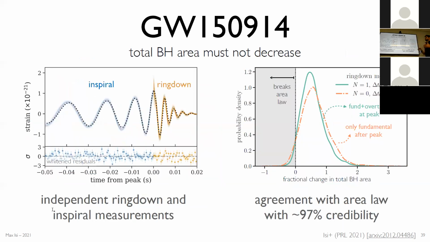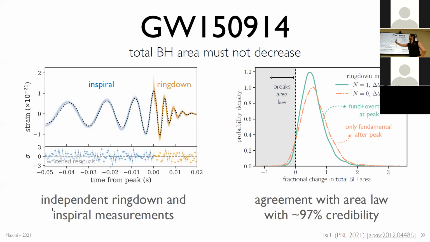Now we went crazy with this and also flipped the logic a little bit and tried to use the same sort of techniques that we developed to truncate the data and isolate the ringdown, to just isolate the previous part, the inspiral. And that allows us to get independent estimates of the remnant mass and spin, which we can translate into an area measurement.